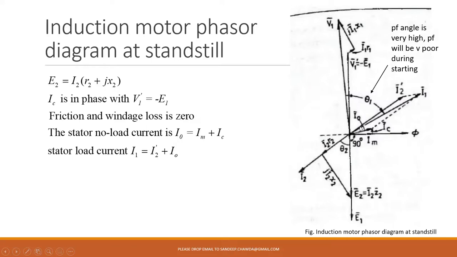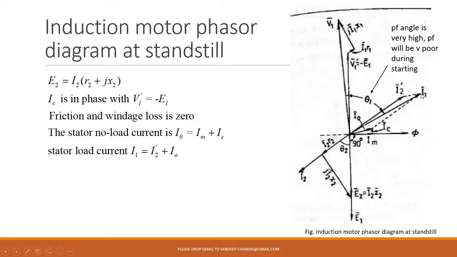In order to obtain V1, you can add the drop on the stator side. What will be the drop on the stator side? The stator has resistance and reactance. So the I1 R1 drop will be added to V1 dash or minus E1, in phase with I1.